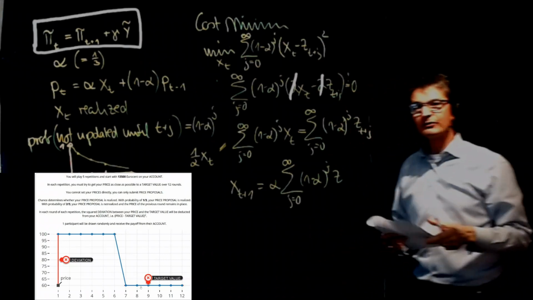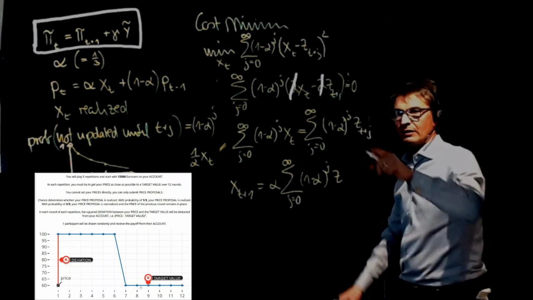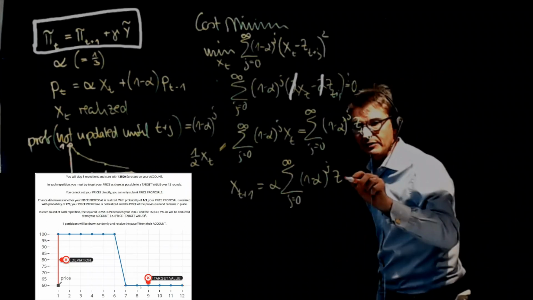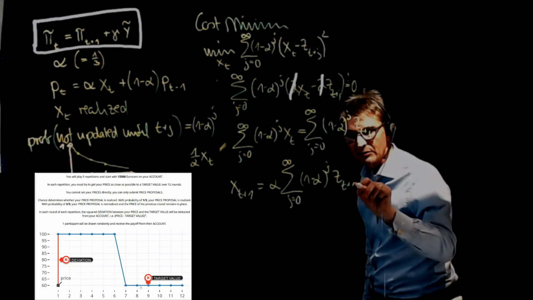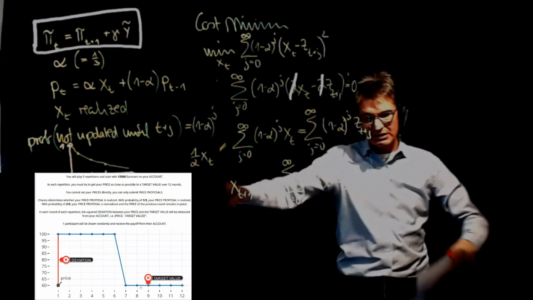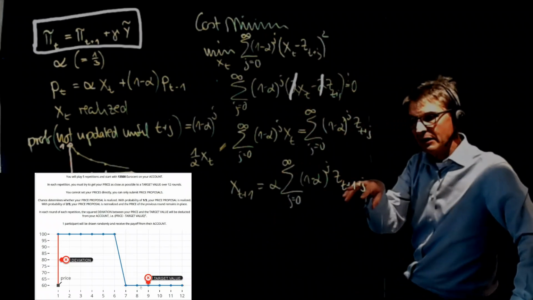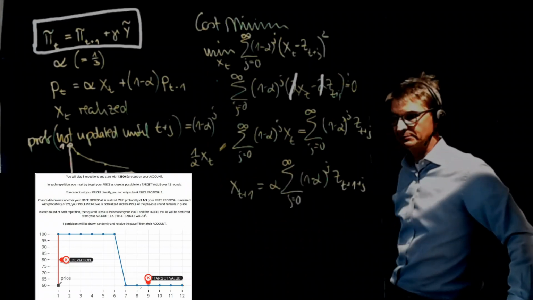And now I must think about that. I have here t plus 1. And therefore, this t must be expanded by 1. Because for my x_t, I don't want the regular target values, but rather those that are advanced one round into the future.